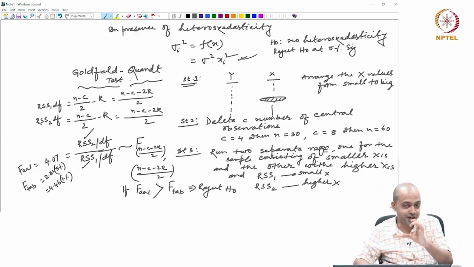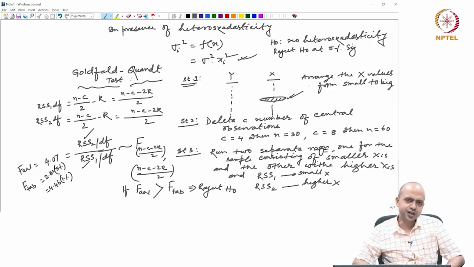That is why, when I run the regression for sample 2, where all the large x values are, we assume RSS2 would be quite large compared to RSS1, and to get a very stark difference between RSS2 and RSS1, the central observations are deleted.